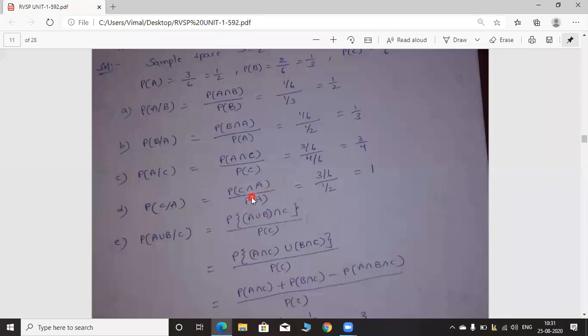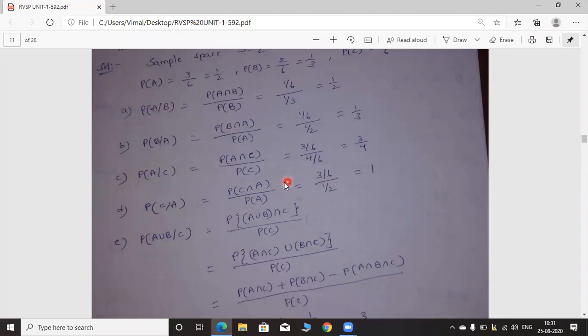If you observe the numerators of both C bit and D bit, both are the same. Probability of A intersection C and probability of C intersection A both are the same because both indicate the common elements of A and C only. So for the third bit and fourth bit, the numerator becomes the same, which is nothing but 3 by 6.